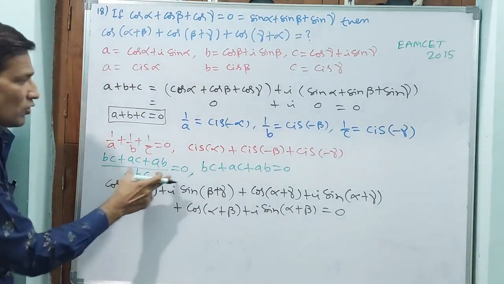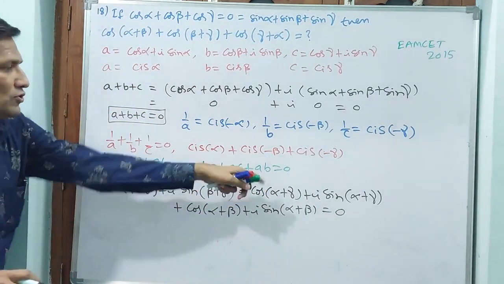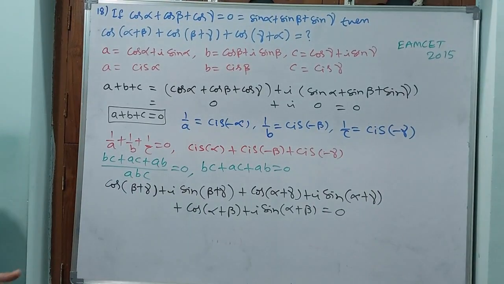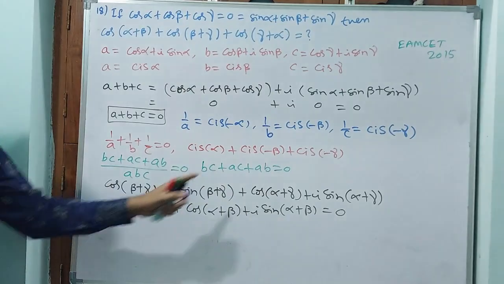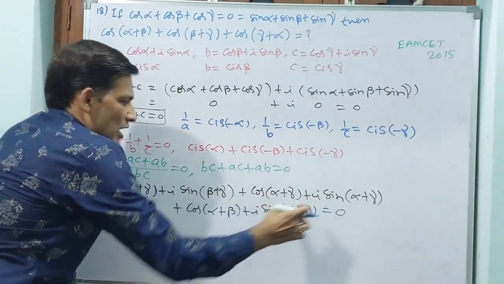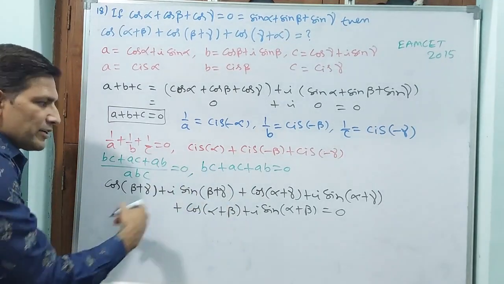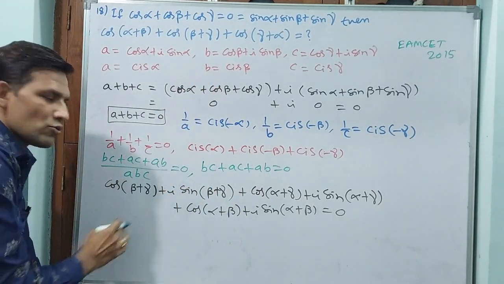This is equal to 0. Don't forget, from here onwards 0, 0, 0, 0 is continuing. If that is the case, you add real part and imaginary part. Why? Because see, both are going to become 0. Answer is 0, but even then you have to do this step.